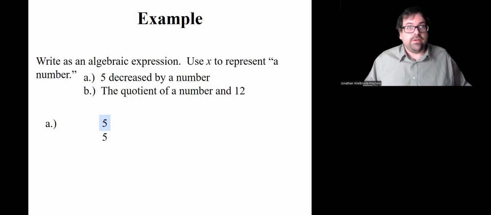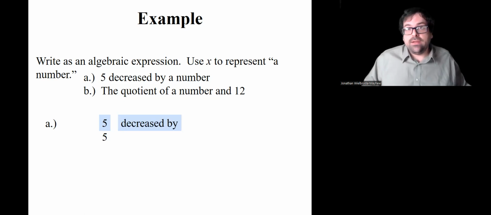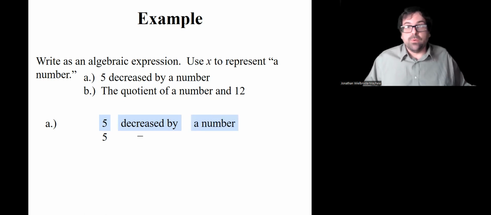It's 5. Decreased by, well, that's one of our subtraction words. A number, we were told to use x. So 5 minus x is 5 decreased by a number. 5 minus x.